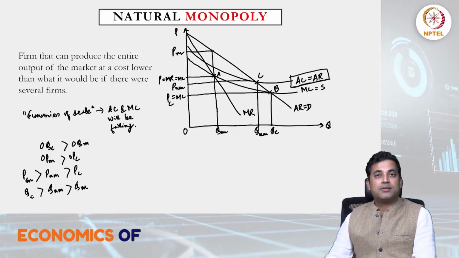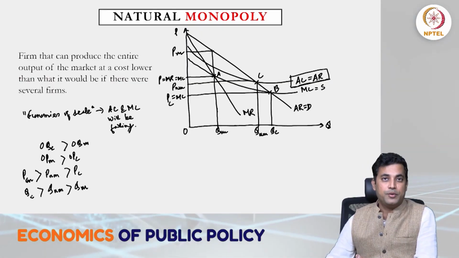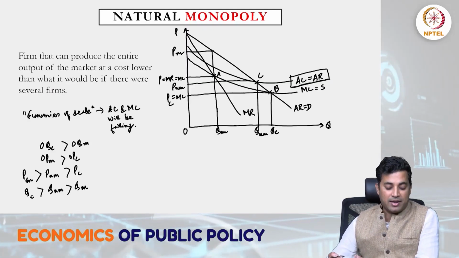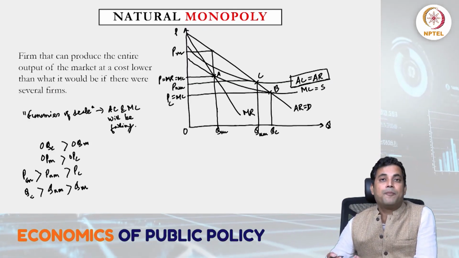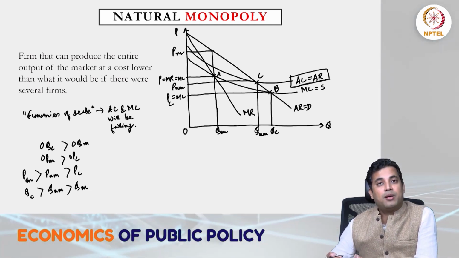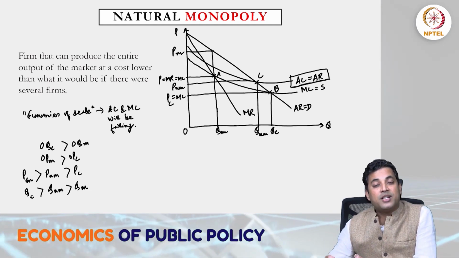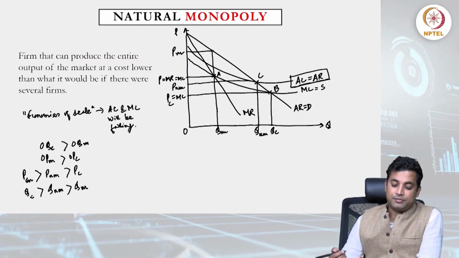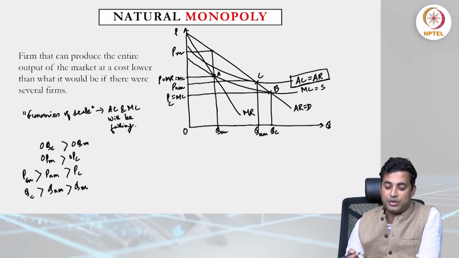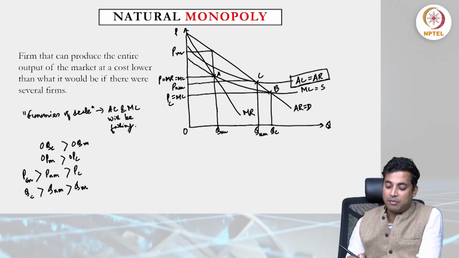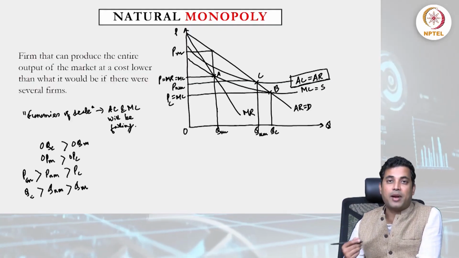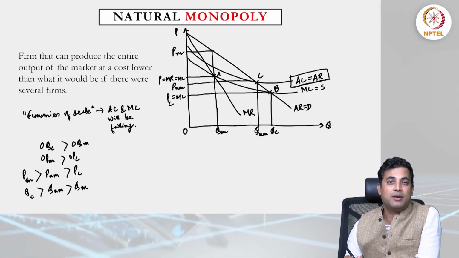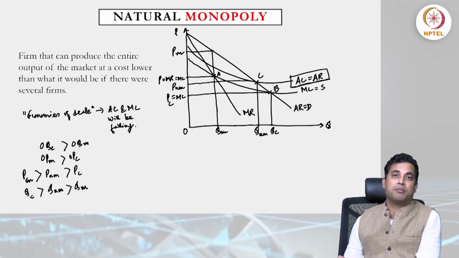In perfect competition, the quantity will be produced at a much larger scale and the price will be determined at a lower level. Under monopoly, the quantity will be substantially less and the price much higher than under perfect competition. So under natural monopoly, price and quantity will be in between those determined in monopoly and perfect competition.